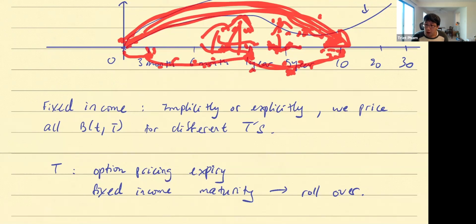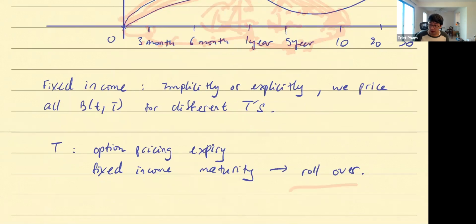And the swap rate argument relies exactly on the phenomenon of rolling over. You just roll over, roll over, roll over. Because of that, naturally, you have to look at different times to maturity in the same product in fixed income. But with an option, once the product expires, its life ends.